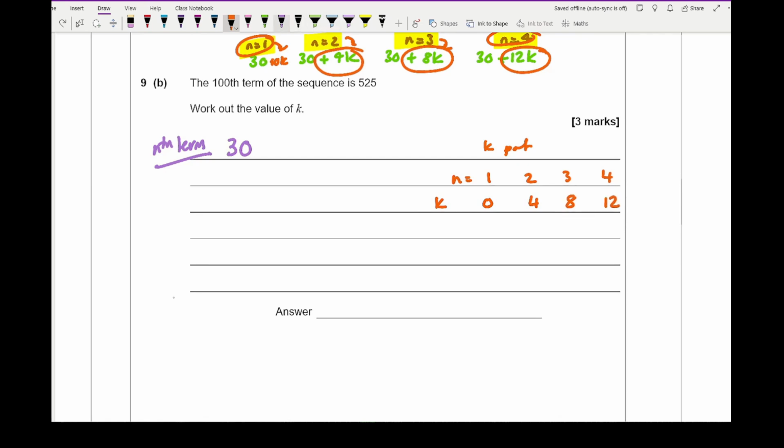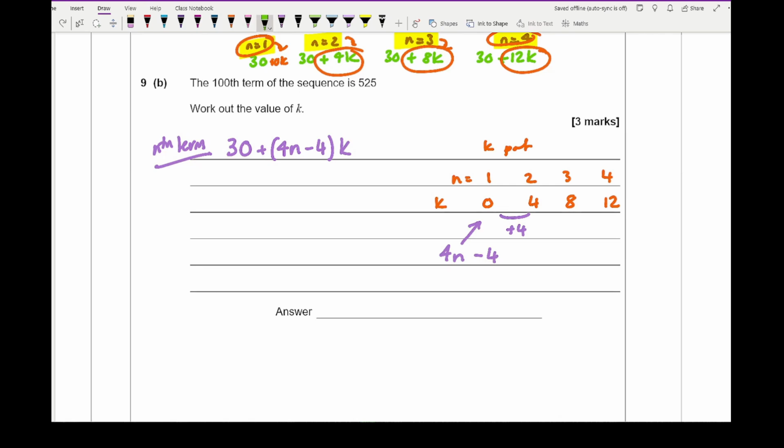Now if I find an nth term for this, the difference is going up by 4, so 4n is going to be in there. And what do I have to do to get from 4 to 0? Take away 4. So the k part is going to be 4n minus 4k.